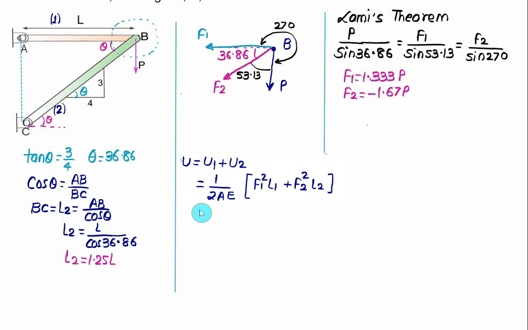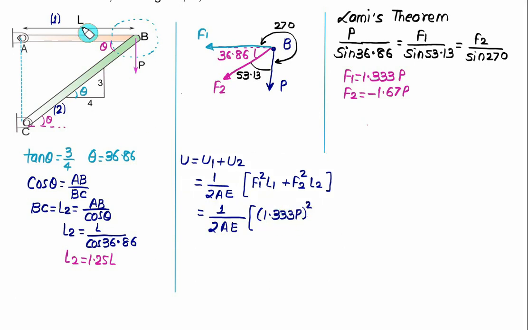So let's substitute and solve this. You will get 1 upon 2 times area A, Young's modulus E, multiplied by F1, which is 1.333 times P, squared, multiplied by L1. L1 is the length of AB, that is L, plus we have F2.